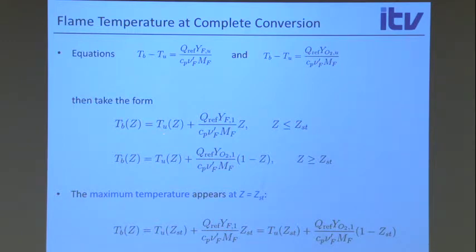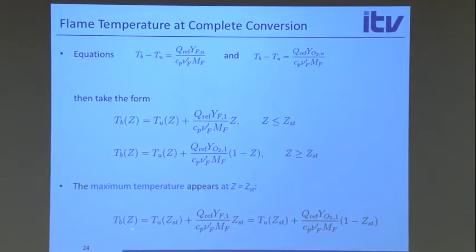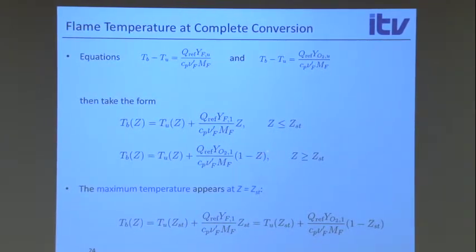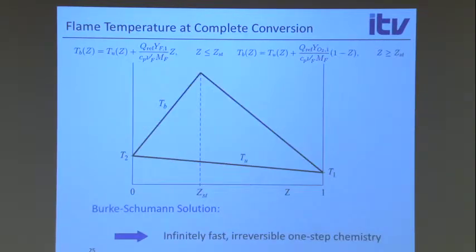And if I then just plug this in, then I get these relations here. TB is TU plus this here, a function of mixture fraction, or for rich conditions, it depends on the oxygen concentration in the unburned mixture. Okay, and this gives me also the maximum temperature. If I insert here Z stoichiometric, it gives you the maximum temperature, and both have to be the same, of course.